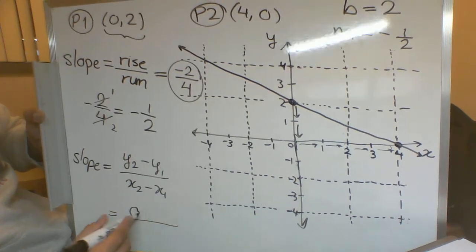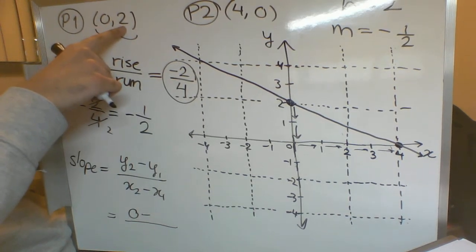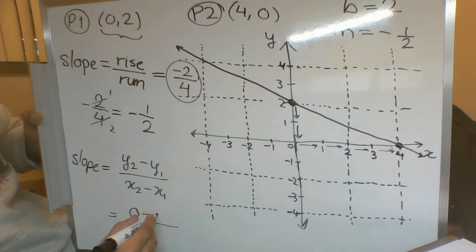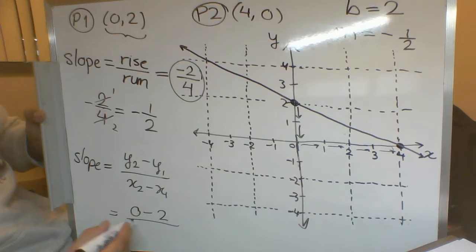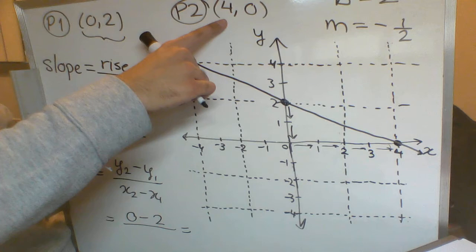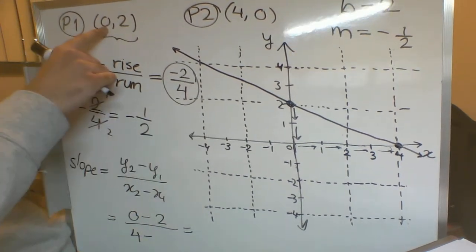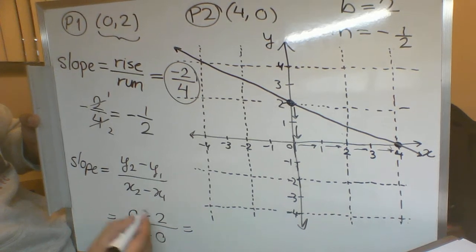So for our y2, we're going to have 0 minus, and then y1, that's the y-coordinate of our first point, so that's 2. So we've got 0 minus 2 in the numerator, and then in the denominator we've got x2, so the x-coordinate of the second point, which is 4, minus the x-coordinate of the first point, which is 0.